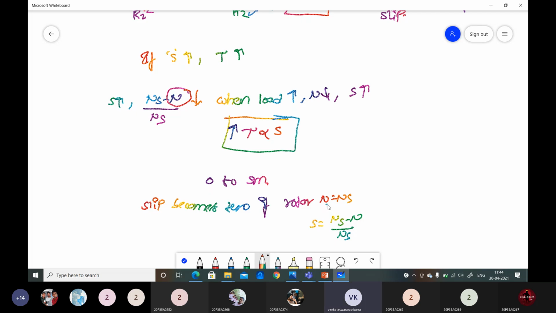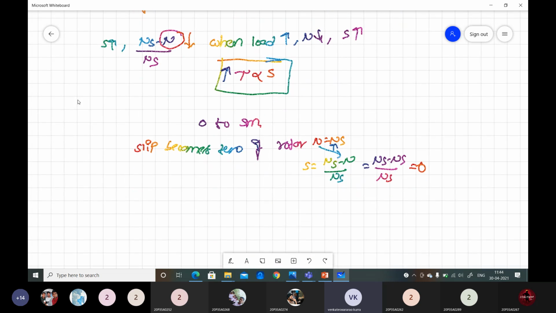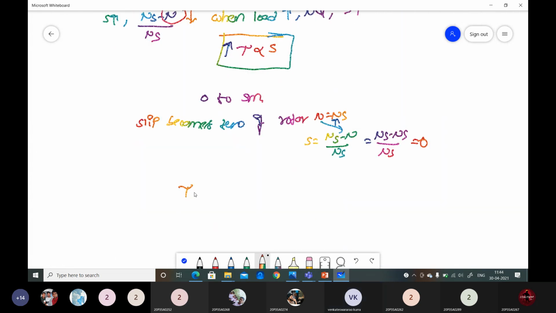If N becomes Ns, then (Ns minus Ns) by Ns equals 0. So if the rotor catches synchronous speed, the slip value is 0. If slip is 0, what is the value of torque? At lower values of slip, torque is directly proportional to slip S, so if S is 0, torque is also equal to 0.